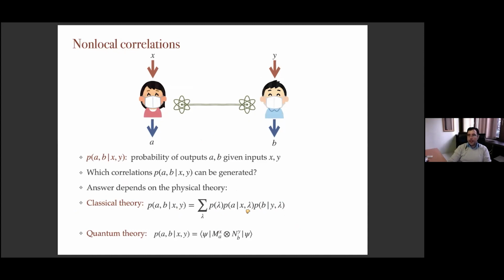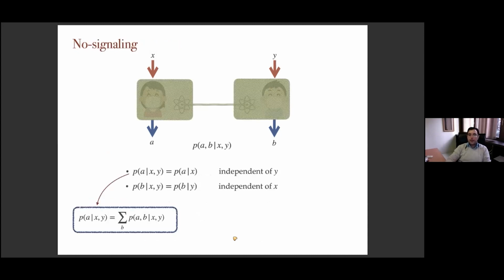That's why I have a no signaling condition. In the quantum case, if I sum over B here, because these are POVM elements, the summation of these things over B would be independent of Y. In fact, it would be the identity, and then there's no Y here. So no signaling is a natural condition that I want to put on the space of these things.